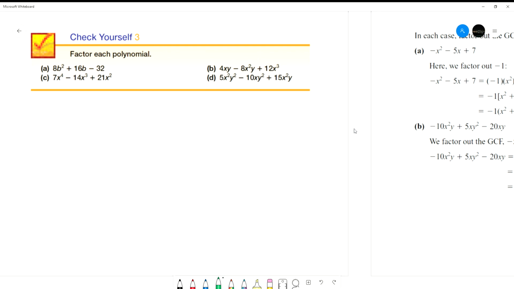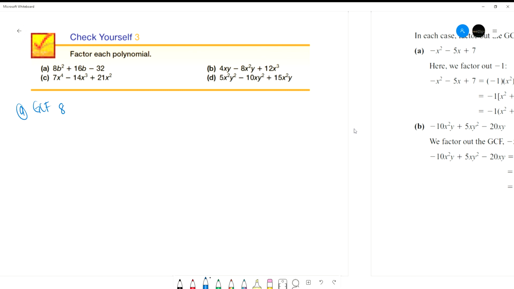How are we doing with the first one? Should I go through the first one so you could just double check? Okay, first one, I look at the numbers first, and I see that 8 divides into all the numbers, right? So the GCF is 8.